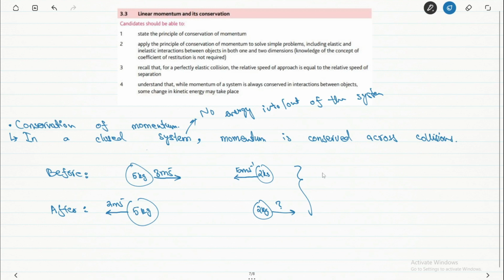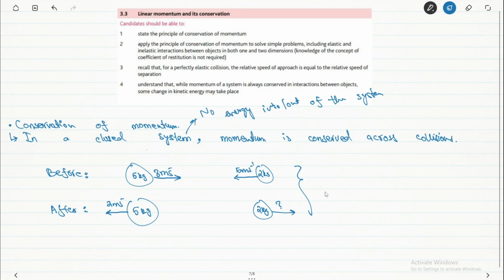What that means is the total momentum at this time is the same as the total momentum after these two particles collide and move apart from each other.